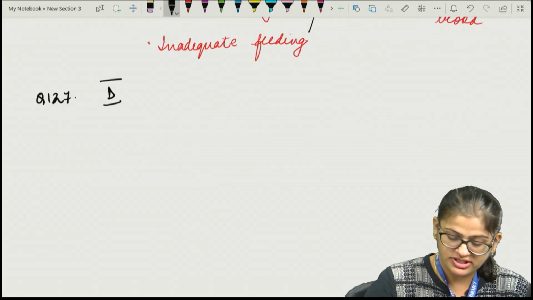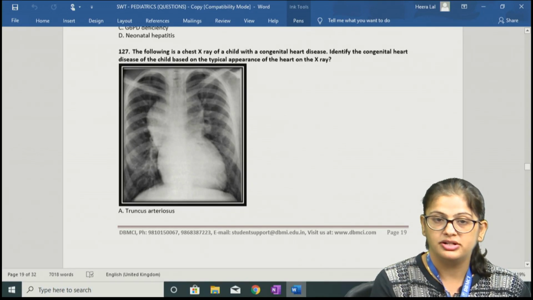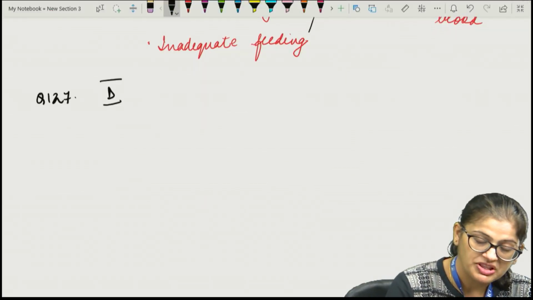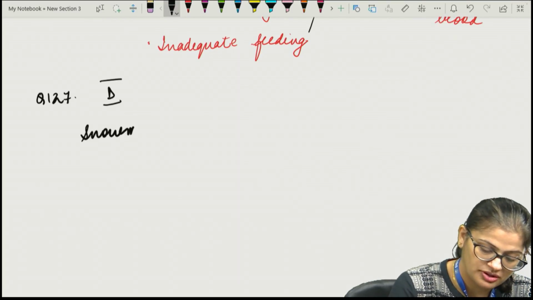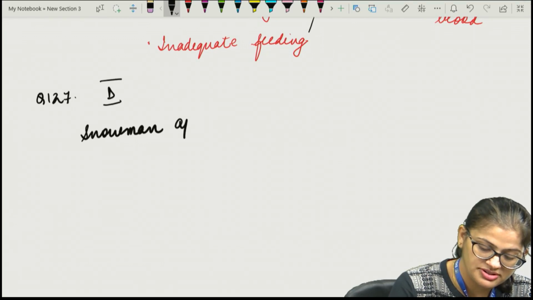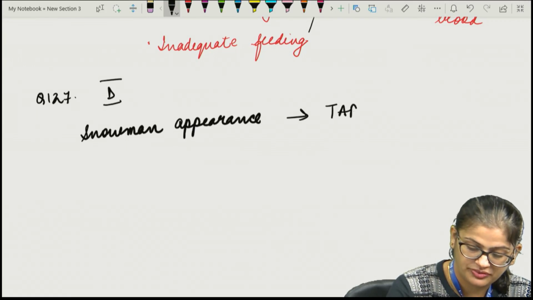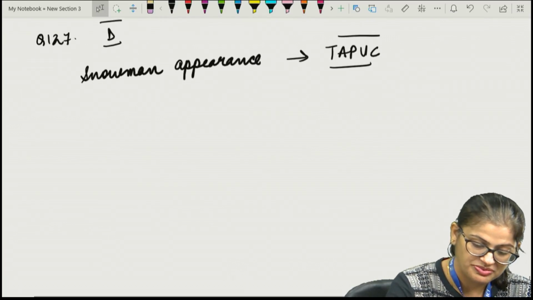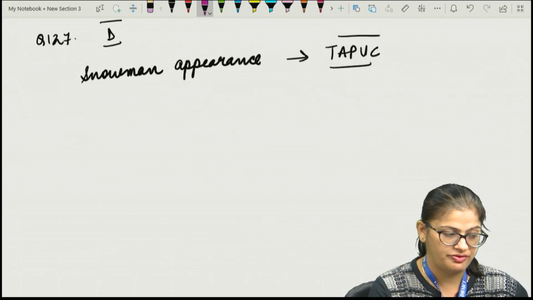And why? Because in this image, if you see, the heart resembles that of a snowman. This heart shape is called a snowman appearance, which is seen in TAPVC. And what are the other congenital anomalies which can have typical X-ray findings?